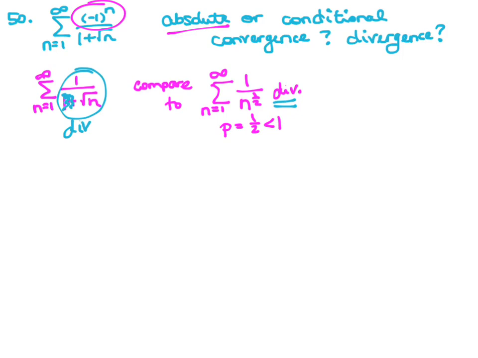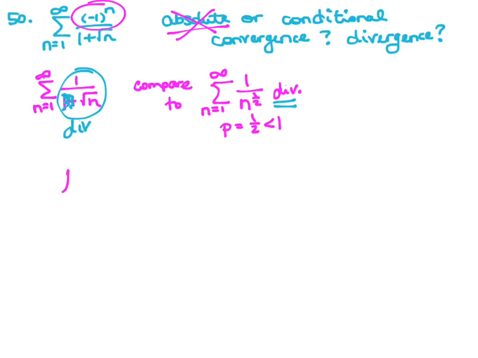So we would need to show limit comparison, but for multiple choice here, we know this diverges. So it is not absolute convergence, because if it was absolute, then the positive version of the series would have to converge. To check for conditional convergence, we've got an alternating series here, and we just need to check to see if it converges by the alternating series test.